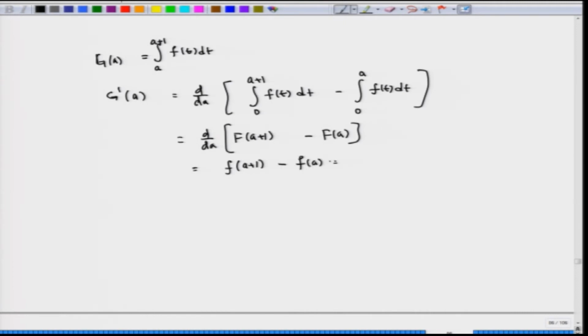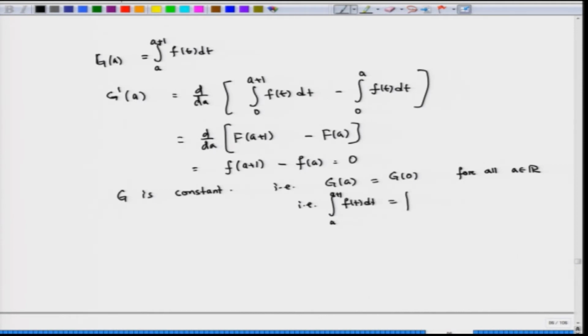It is given to us that f is one periodic, so this is equal to 0. Therefore, g is constant, that is g of a is equal to g of 0 for all a belonging to R, that is the integral from a to a plus 1 of f(t) dt is equal to the integral from 0 to 1 of f(t) dt.